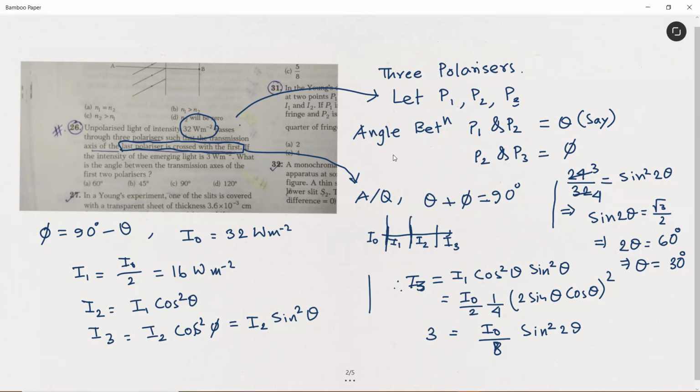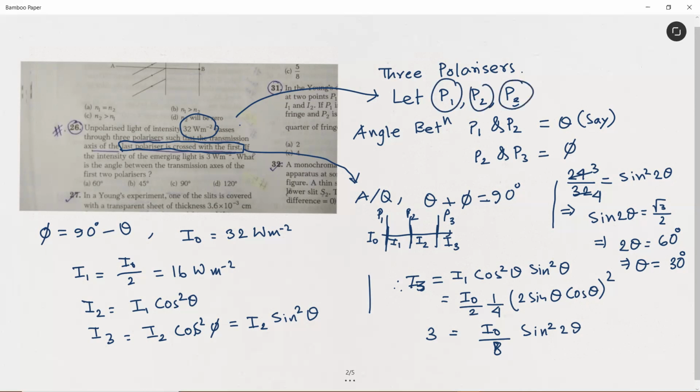Here, these are the 3 polarizers, P1, P2, and P3. The transmission axis of the last polarizer is crossed with the first.